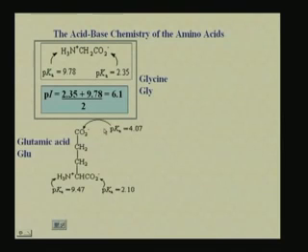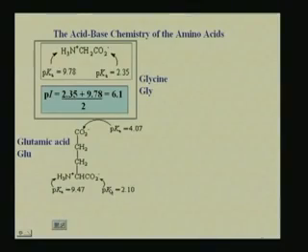What happens if I have a glutamate? When is the charge 0 for the glutamic acid? When it is between these two. Now, this is pK2 for the amine, this is pKr, this is pKa. So it first loses this one, right?